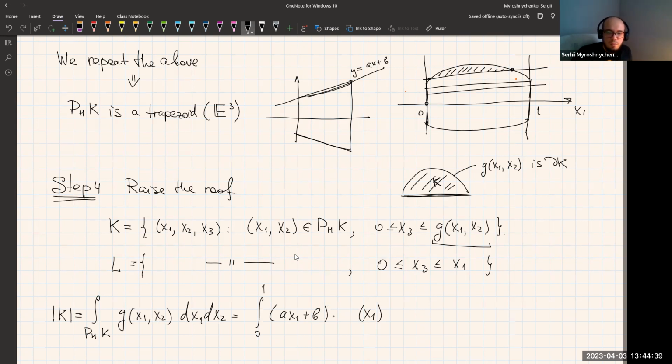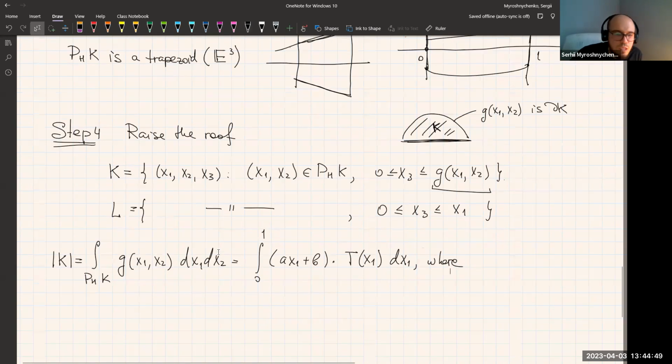I feel bad using capital G. Let's use capital T, because we already used G for a plane earlier. Where, of course, capital T is going to be the integral from 0 to 1 of the roof, and something like this.